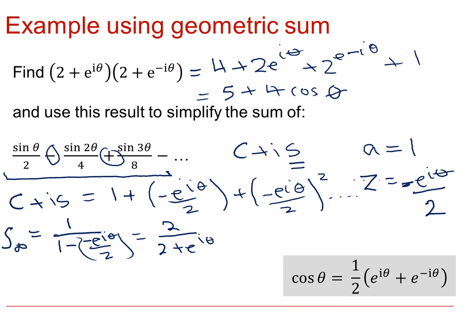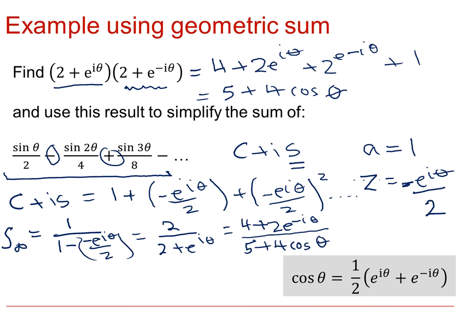I can see that's one of the factors up here. So if I multiply top and bottom by this second factor, I will get 4 plus 2e to the minus i theta as my numerator, and I can use that result of 5 plus 4 cos theta for the denominator.